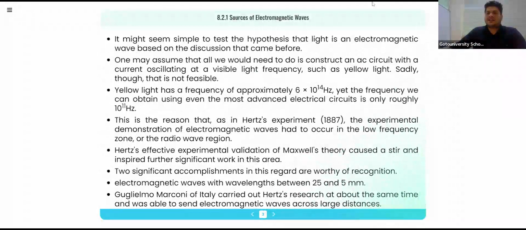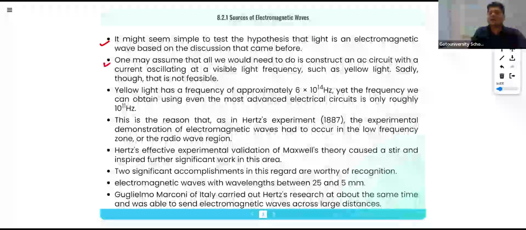It might seem simple to test the hypothesis that light is an electromagnetic wave based on the preceding discussion. One may assume that all we would need to do is construct an AC circuit with current oscillating at a visible light frequency, such as yellow light.